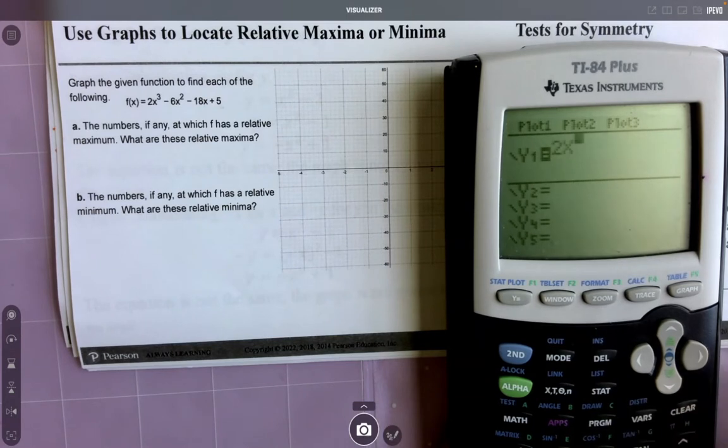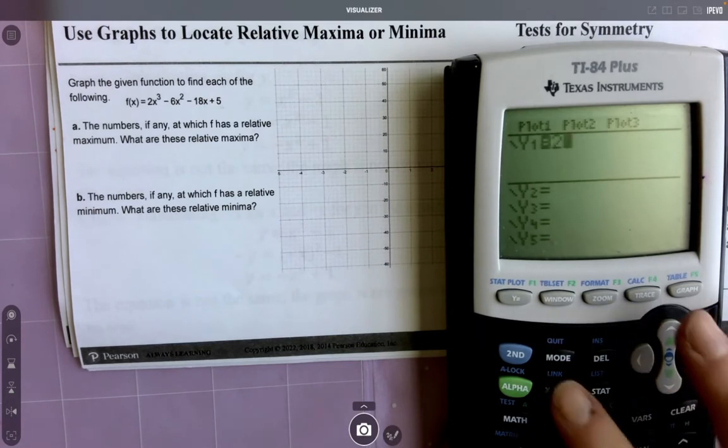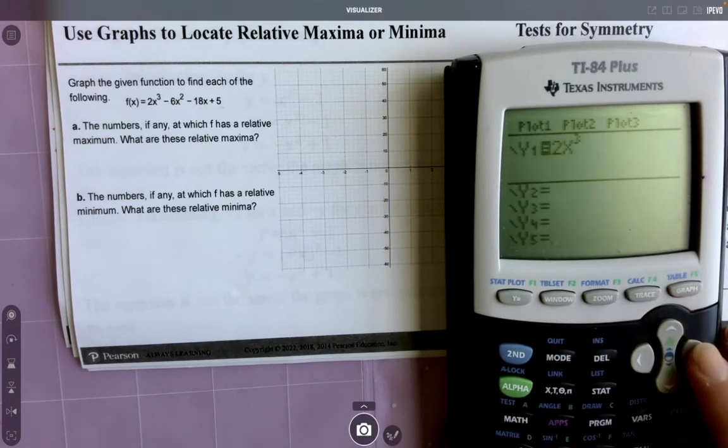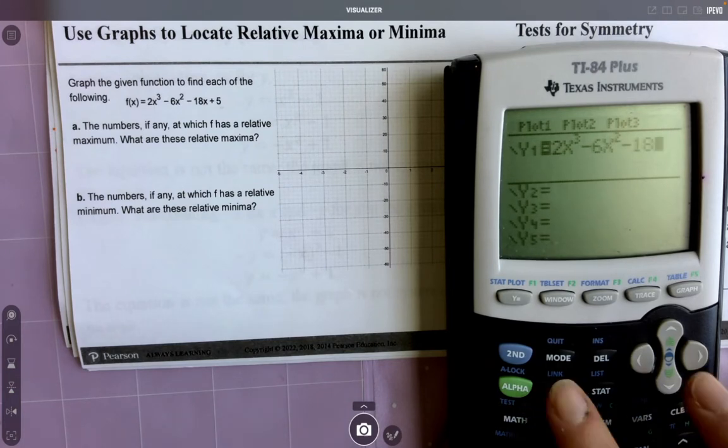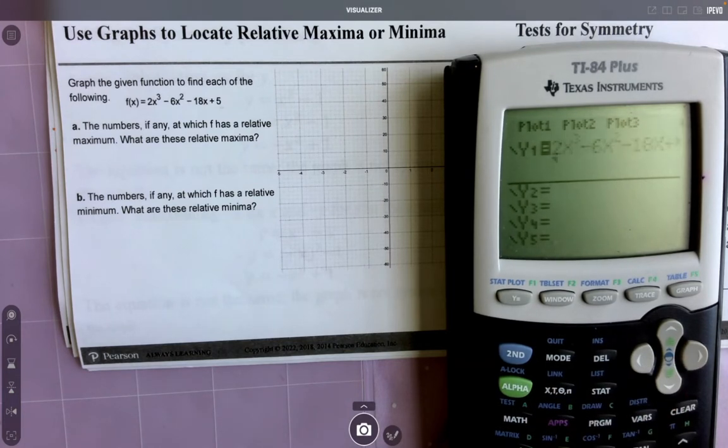Oh, look at what I did. 2x to the third, so don't do what I did, minus 6x squared minus 18x plus 5.